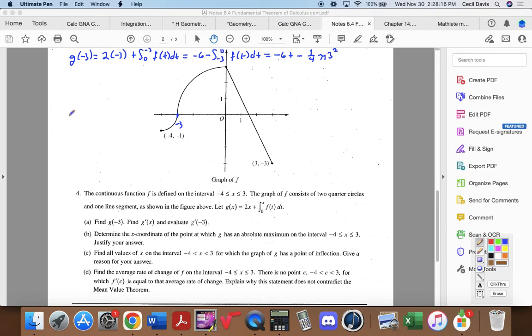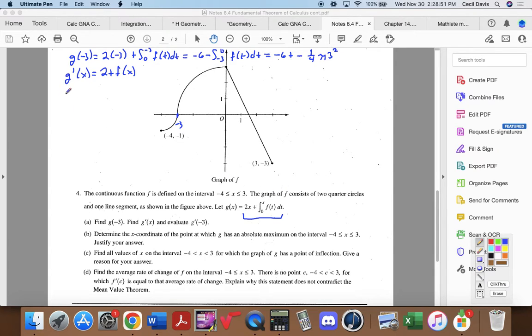All right, so now let's find g prime of x. Well, g prime of x, I'm just going to take the derivative of this function. What is that going to be? Perfect. 2 plus f of x. For the second part, we're just applying the second part of the first part of the fundamental theorem.